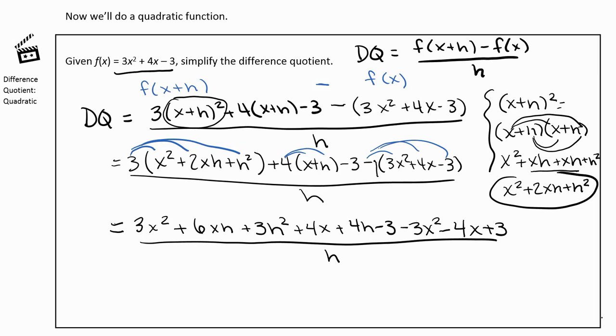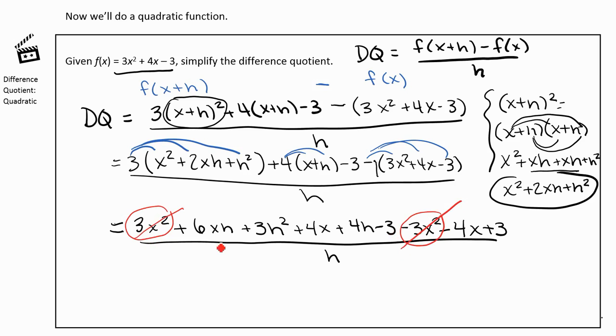Okay, now, do you remember the hint I gave you in the last video? When you've got the numerator all written out, you're going to look and see which terms don't have an h anywhere in them, and those terms should cancel out. So the first one we have here is the 3x squared, and look down the line, we also have a minus 3x squared. So 3x squared minus 3x squared becomes 0. Those cancel out.